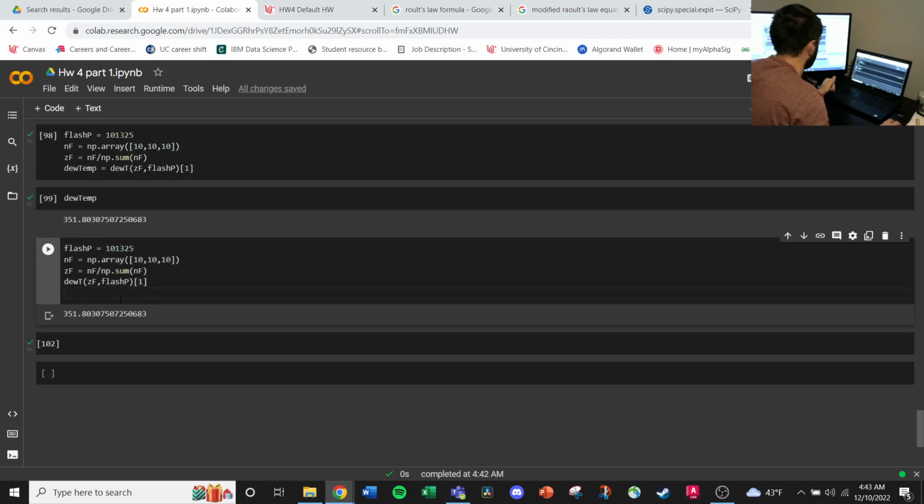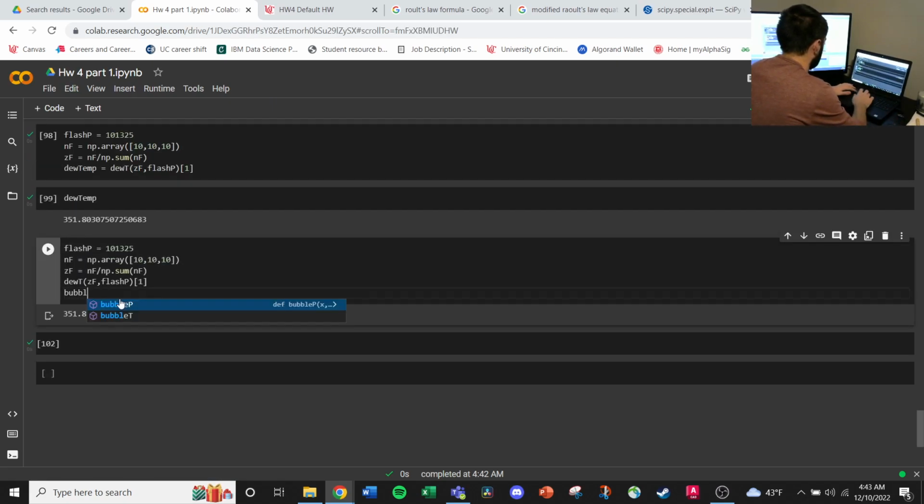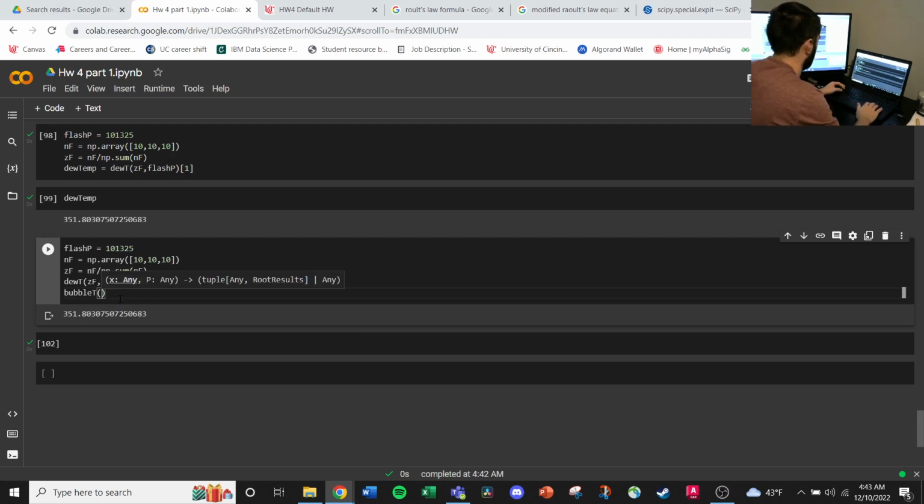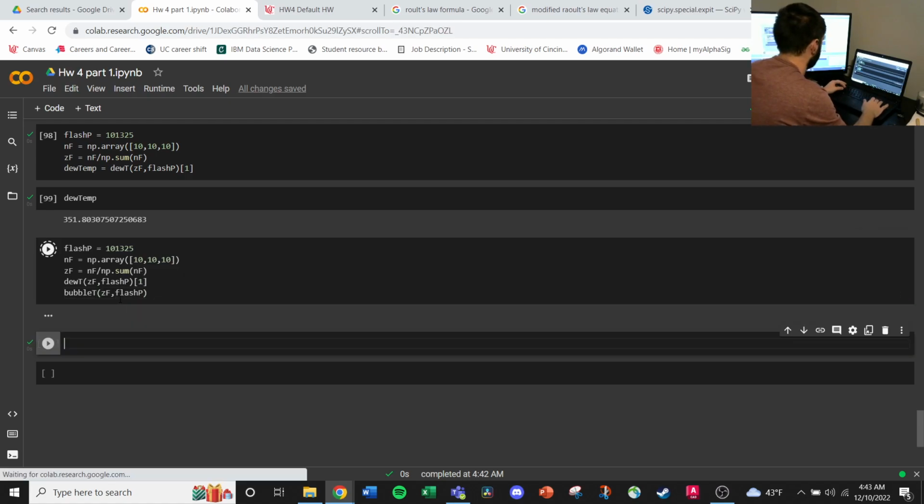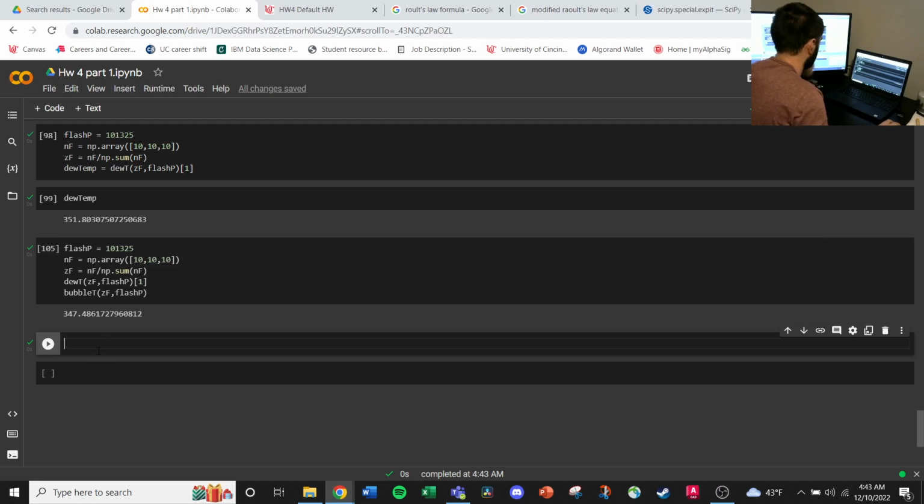So bubble T, and that again requires the mole fraction and flash pressure. And there we go, so now we have the bubble temperature and the dew point temperature.